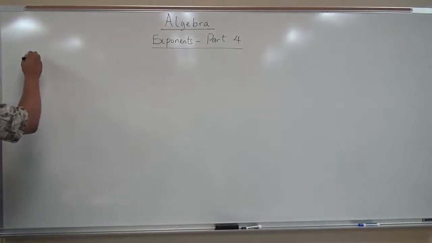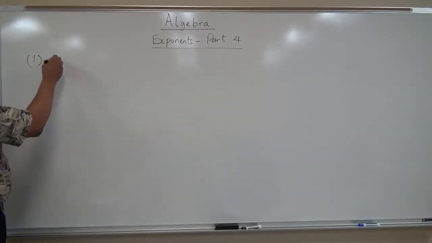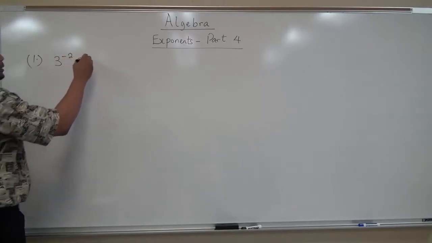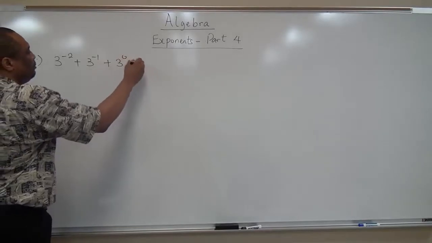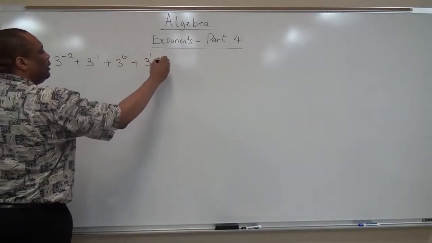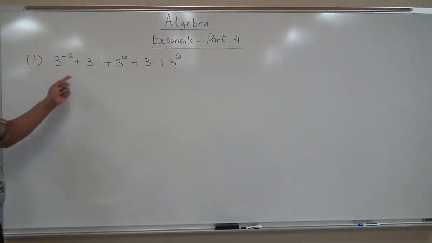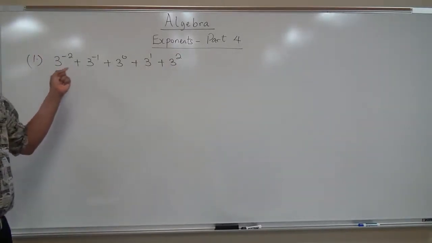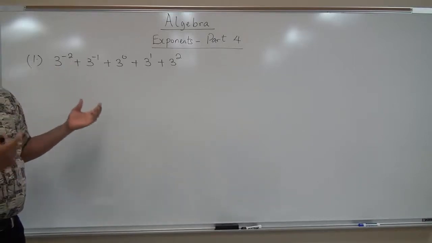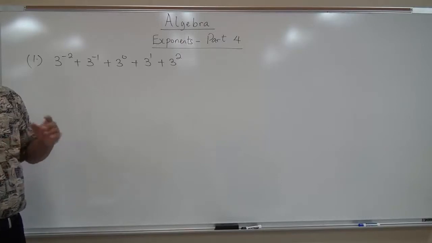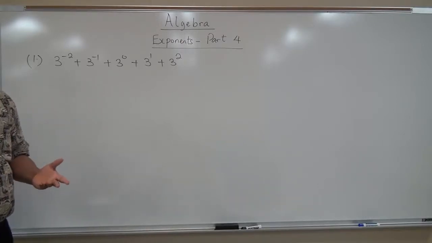Now the first question here: 3 exponent negative 2 plus 3 exponent negative 1 plus 3 exponent 0 plus 3 exponent 1 plus 3 exponent 2. For the negative exponents, we say that a base with a negative exponent is the reciprocal of the same base with a positive exponent.